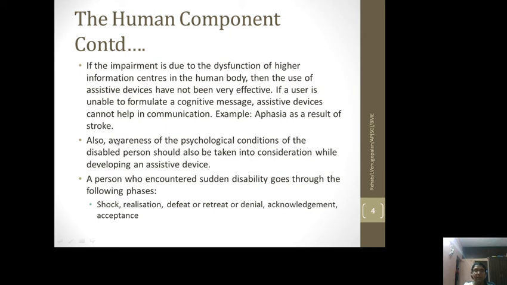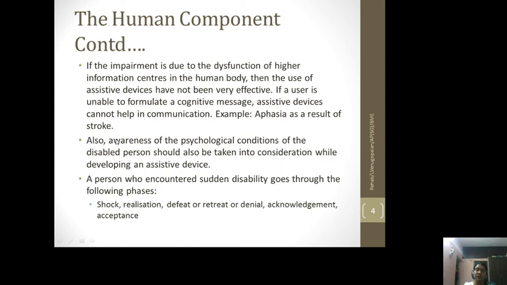And finally, at some point, they just say, okay, I'm disabled. Let's just move on. Let's see how best I can use whatever is left, whatever residual function I have, and still do the things that I was able to do earlier. Only after the acknowledgement phase and the acceptance phase can a rehabilitation regime actually work.